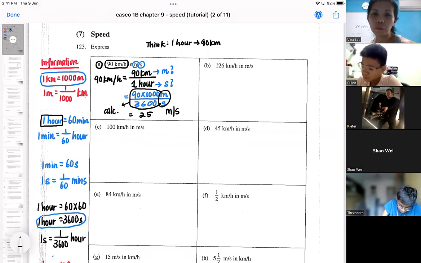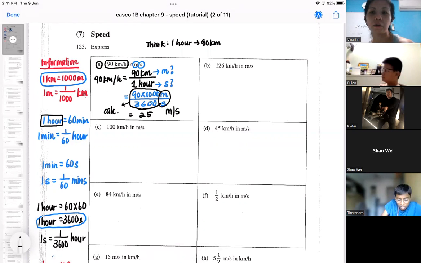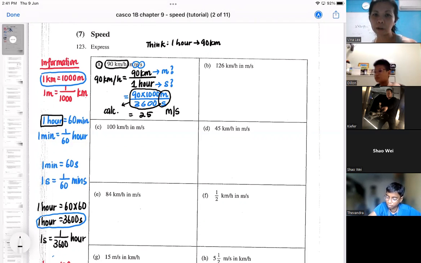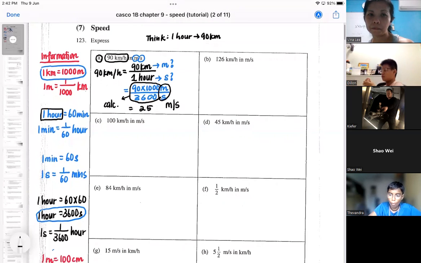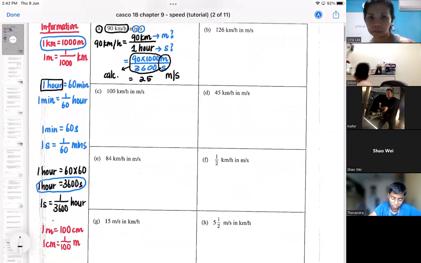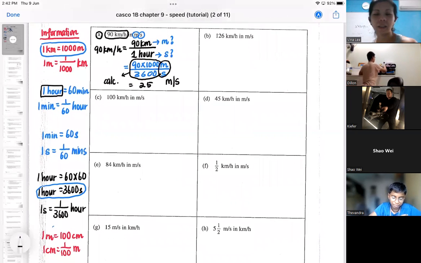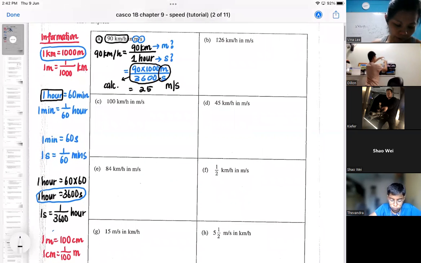You change your numerator to the units that you want, you change your denominator to the units that you want, and then you punch the calculator. That's why you will need the information column. What is the significance of 25 meters per second? When you get the answer of 25 per second, what does it represent?